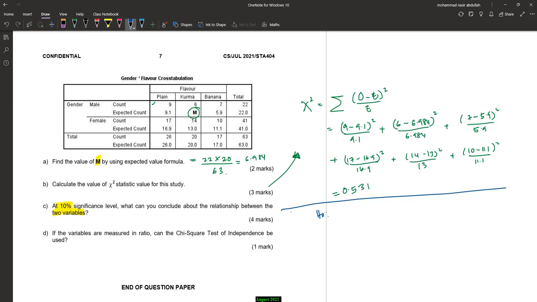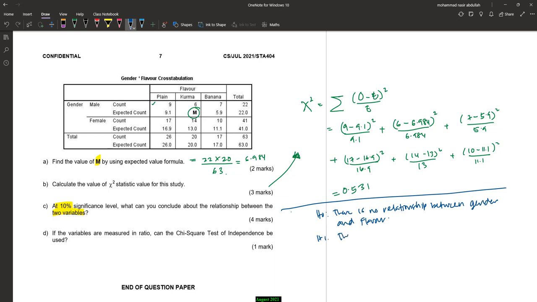Null hypothesis: there is no relationship between gender and flavor, right?